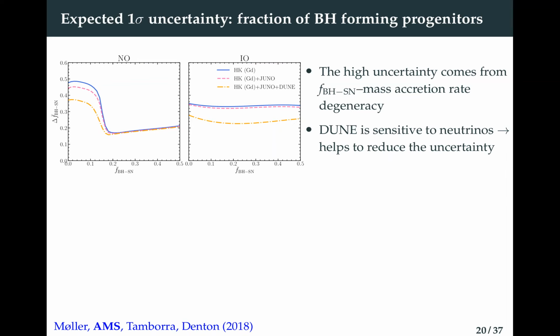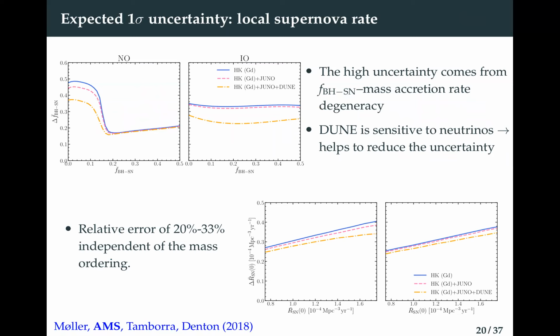Hyper-Kamiokande and JUNO detect anti-neutrinos, while DUNE will be the neutrino channel. The same happens for the cosmological supernova rate. We can also try to narrow down its uncertainty with the DSNB detection, which is of the order of the current observational uncertainty. But with new observatories, this might get lower with the electromagnetic observations.